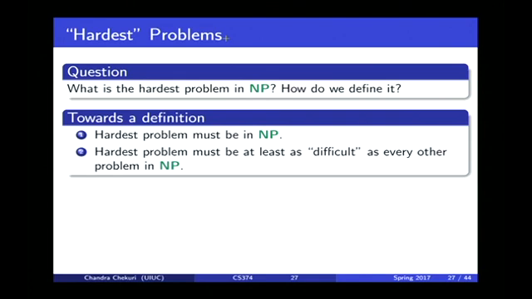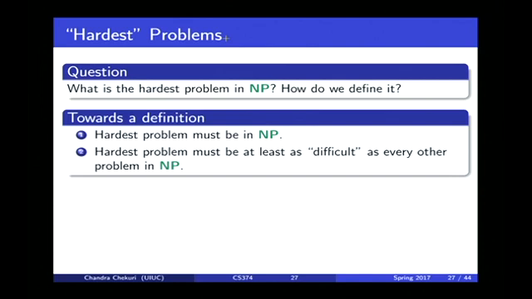This core problem, not just some problem in NP, but a fundamental problem in NP. How do we define what this is? What does this core problem mean?